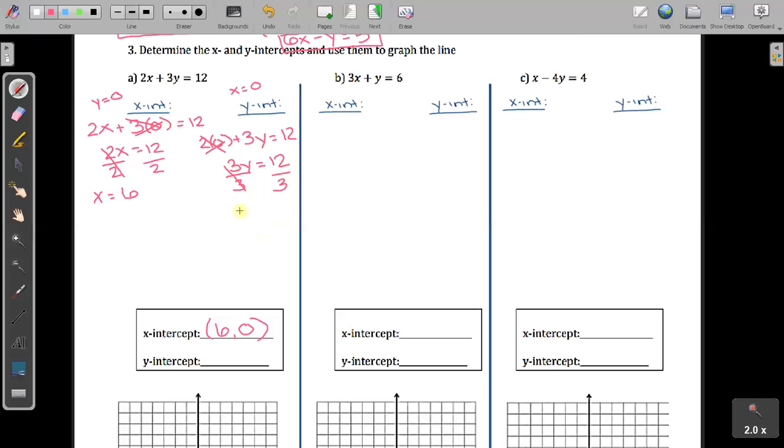Cancels out, leaving us y equal to 12 divided by 3, which gives us 4. So our y-intercept is 4. So now when we write that as a point, we substituted 0 in for x, so we're going to have 0, comma, our y-intercept of 4. So 0, 4 is our y-intercept.